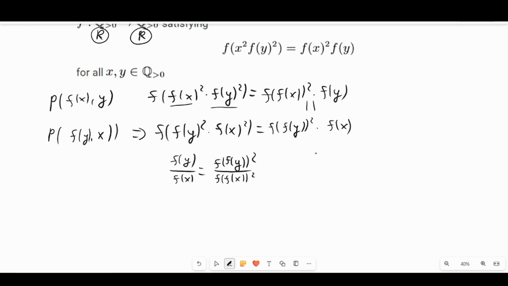If we write instead of y f of y and instead of x f of x, we get f of f(y) over f of f(x), and this equals f of f(y)^2 over f of f(x)^2.